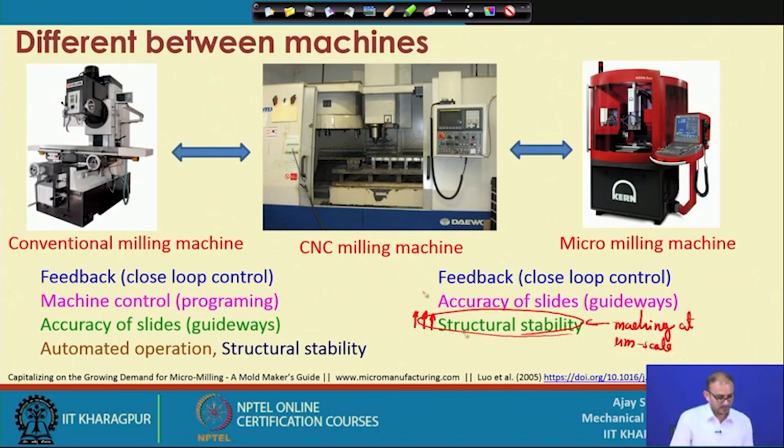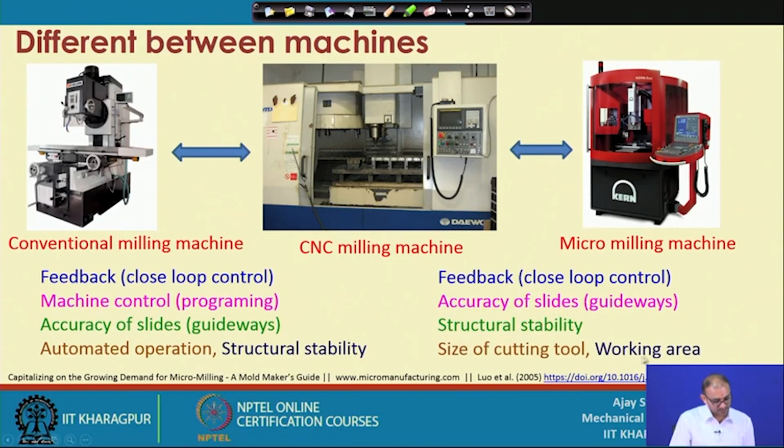Size of the cutting tool and working area, because now we know that whatever tool you can use here, the tool for machining for this machine and these machines are the same.